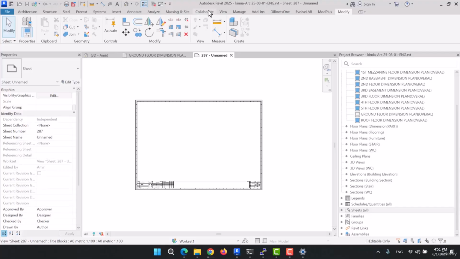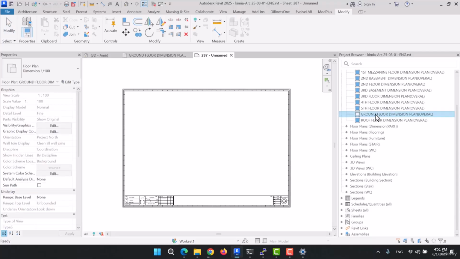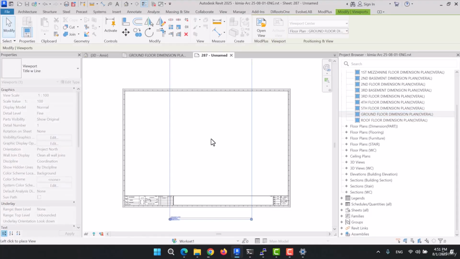Now, both the scales and the number of parts, you definitely have to compare them. The first thing you should do is bring the sheet that you're going to work on into the project, and when the view that you want is on this sheet, you directly put it on this sheet, right? It can be like this. Well, as you can see here, this plan does not fit my sheet.